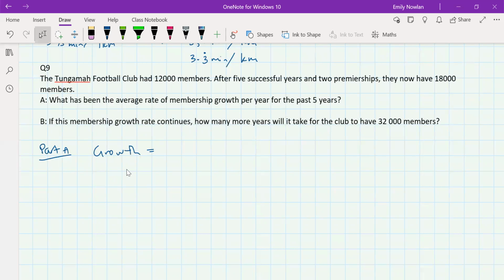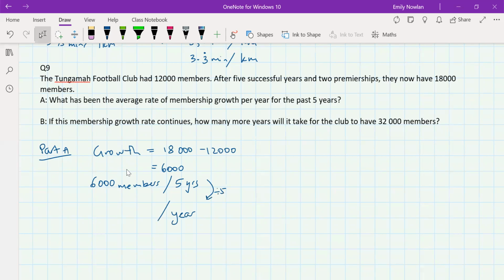We went from 12,000 to 18,000. So you've got to go 18,000 minus 12,000, which gives you 6,000 members. So the average growth is 6,000 members happening in 5 years. What is that per year? We want to divide by 5.